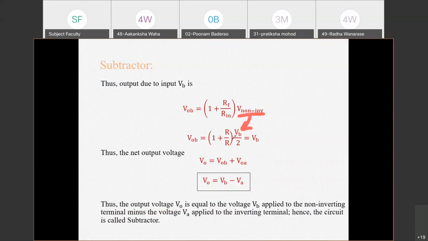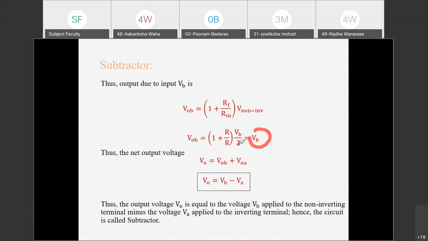So now 1 plus 1 becomes 2, and these 2 will get cancelled, and the final output you will get is VB. So the output voltage due to input VB is nothing but VB. Meaning, if you give VB as input, you get VB as output.